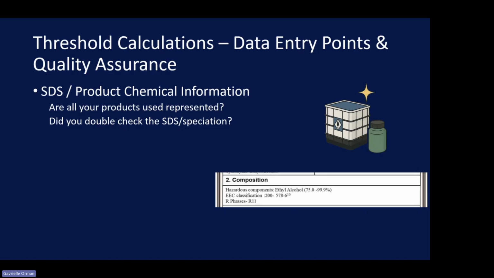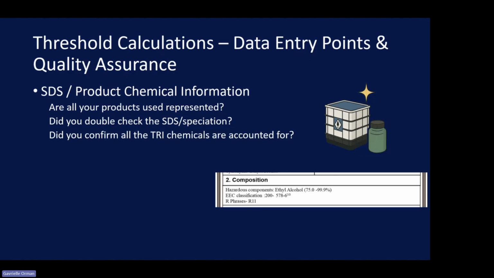But that has a big impact if you're using it in the 200,000 gallon range. And so finding a way to confirm that your percentages are accurate is going to save you a lot of double work and rework. Ways that you can do that is getting a second pair of eyes on it or having some level of automation where you upload an SDS and it's automatically pulling out those values for you.